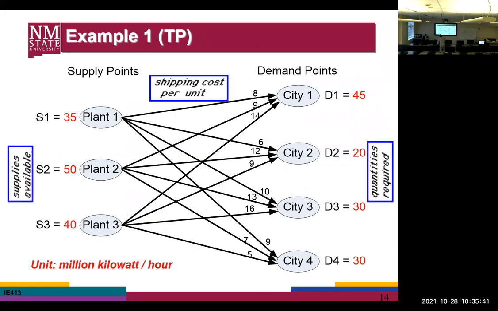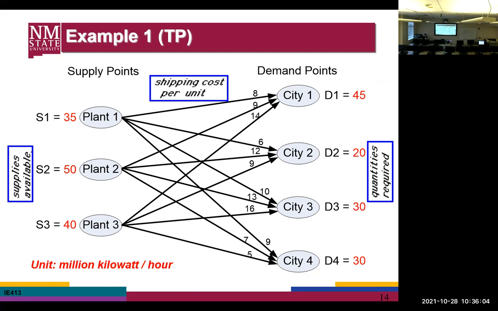Okay, so let's consider a similar example with the same number of sources and destinations for the flow. So basically this network diagram on the graph shows the shipping cost and supply and demand for a power company, right?